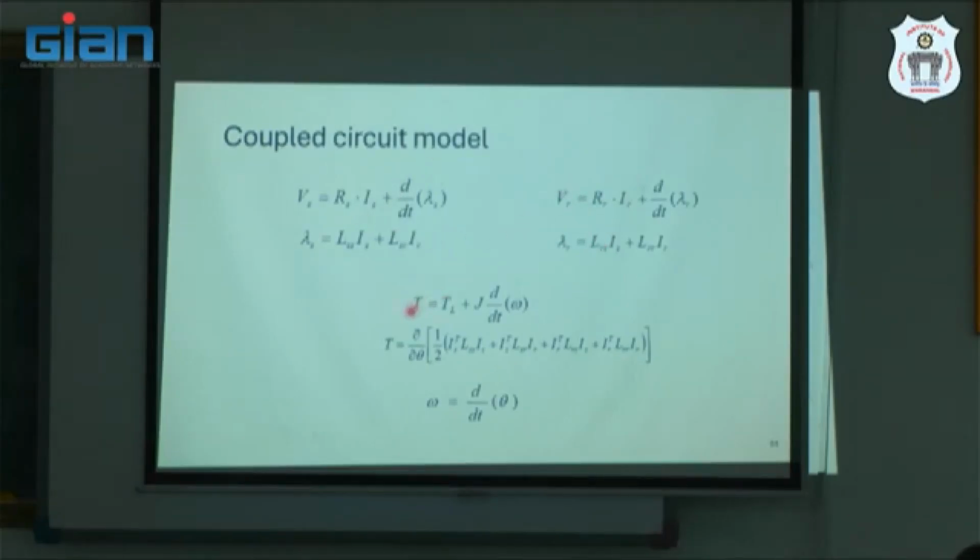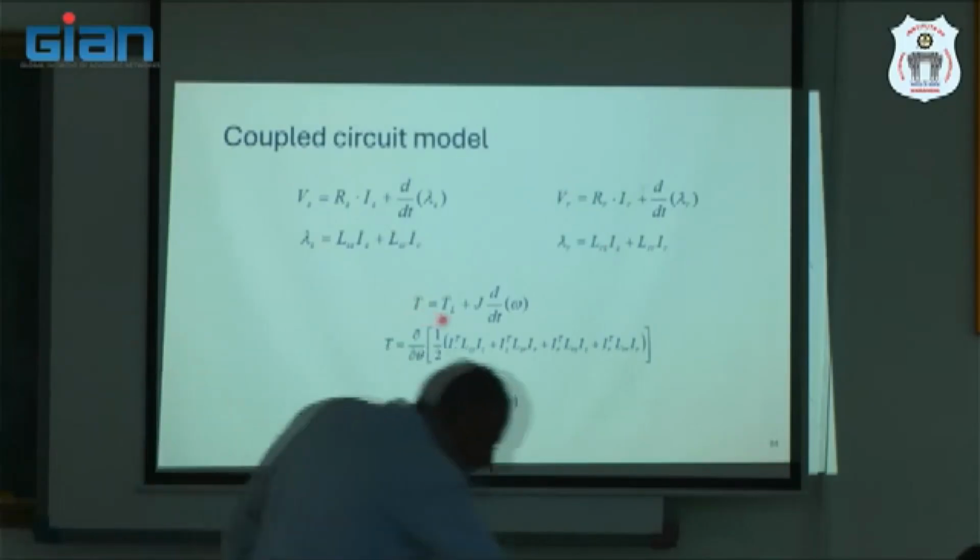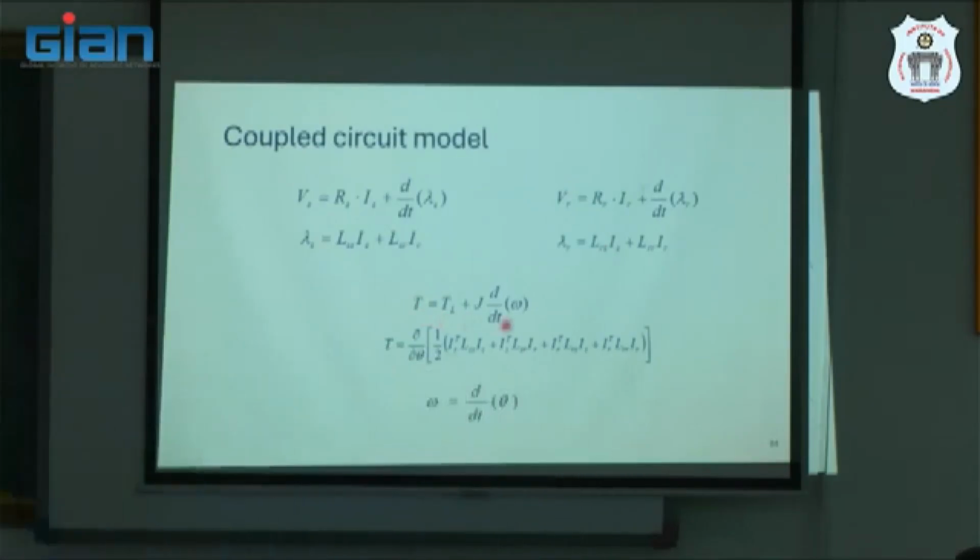The torque acting on the motor shaft is given by load torque plus an inertia component, like acceleration or deceleration torque. And we can use the rate of change of co-energy for computing torque. So it's partial derivative with respect to theta of one half.